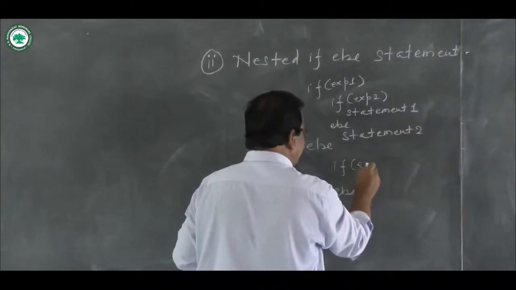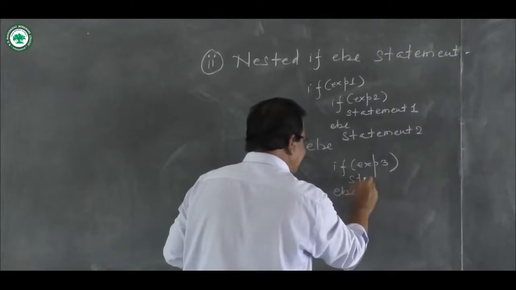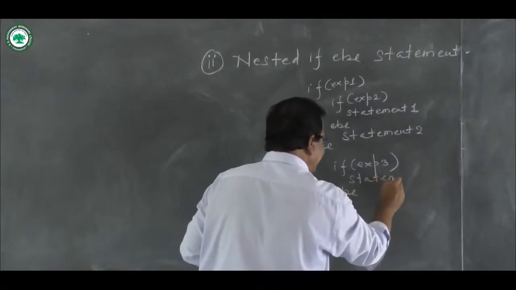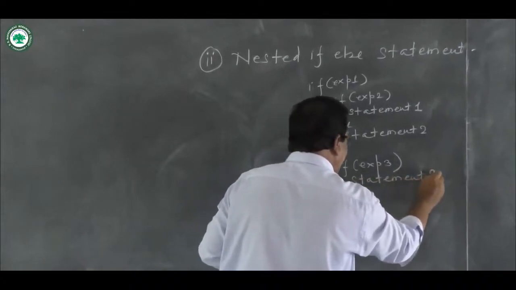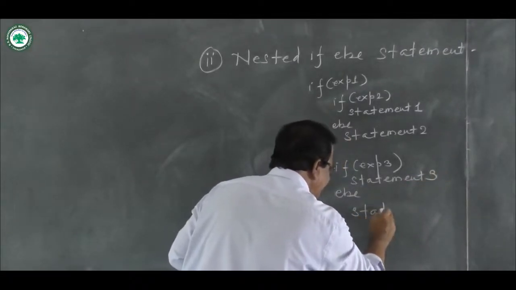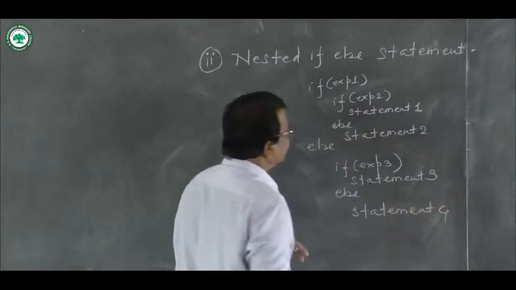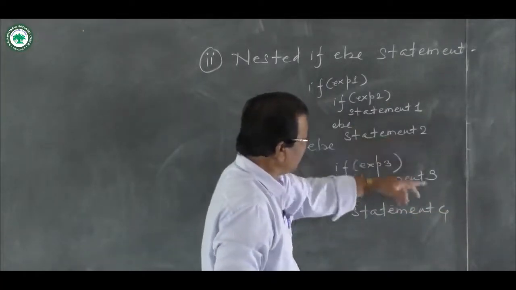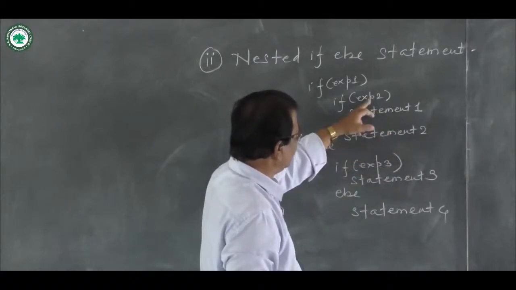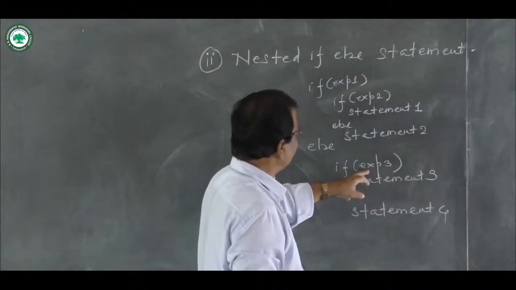If expression 3, associated with it is statement 3. Else statement 4, associated with it is statement 4. Statement 1, 2, 3, 4. Statement 1 is associated with expression 2. Statement 3 is associated with expression 3.